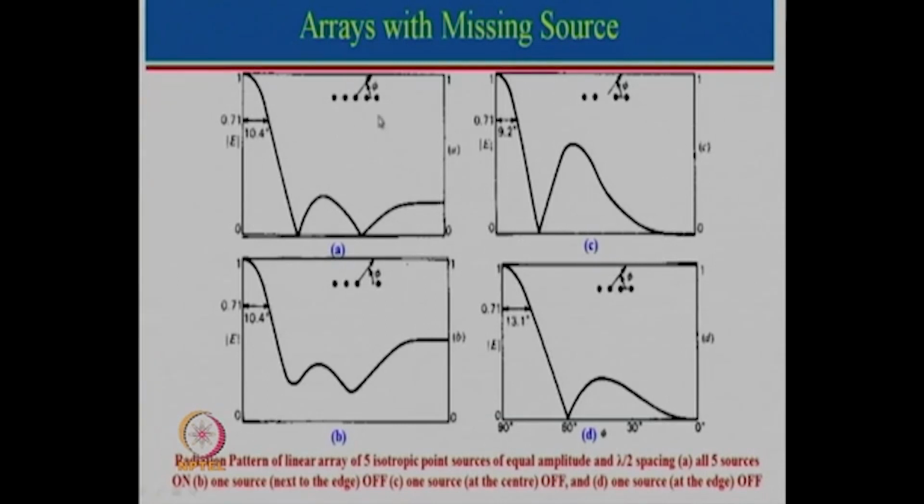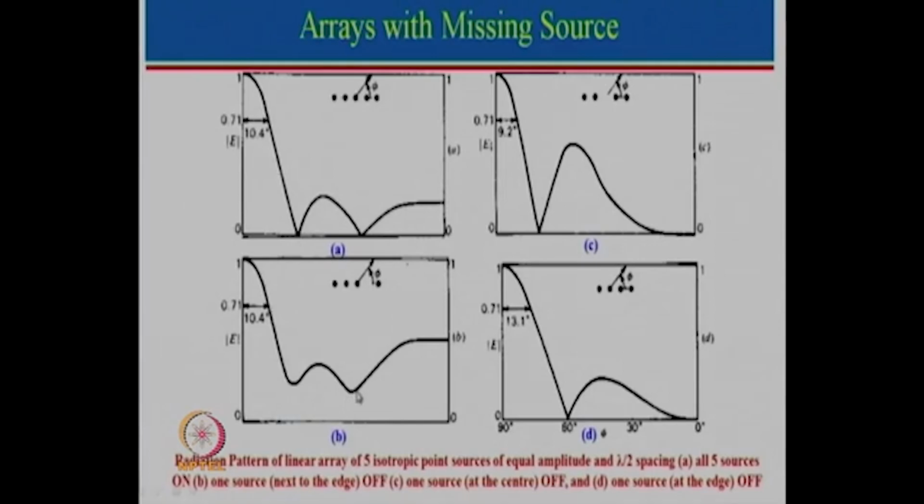Now instead of all the 5 elements, let us say one of the elements is not getting power, so the array length still remains the same. Interestingly, one can see that the beam width remains almost the same, but what is the difference? On the sides the nulls have almost disappeared, and we have a side radiation which is fairly high.